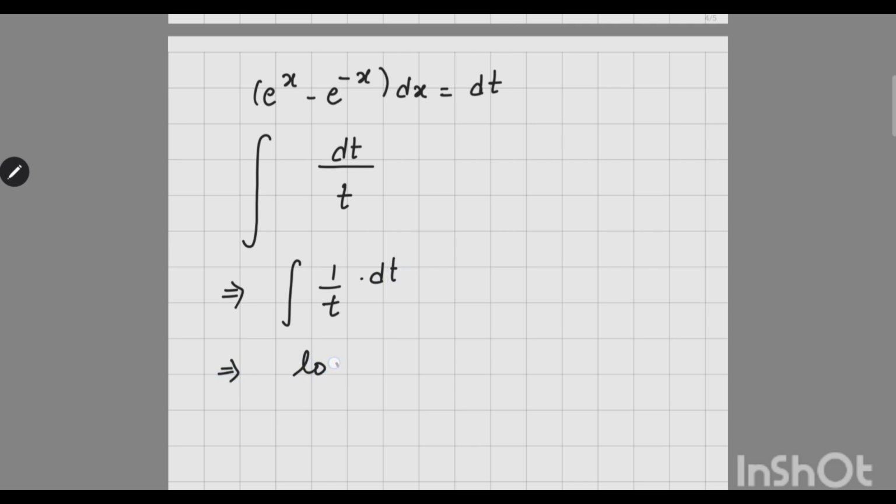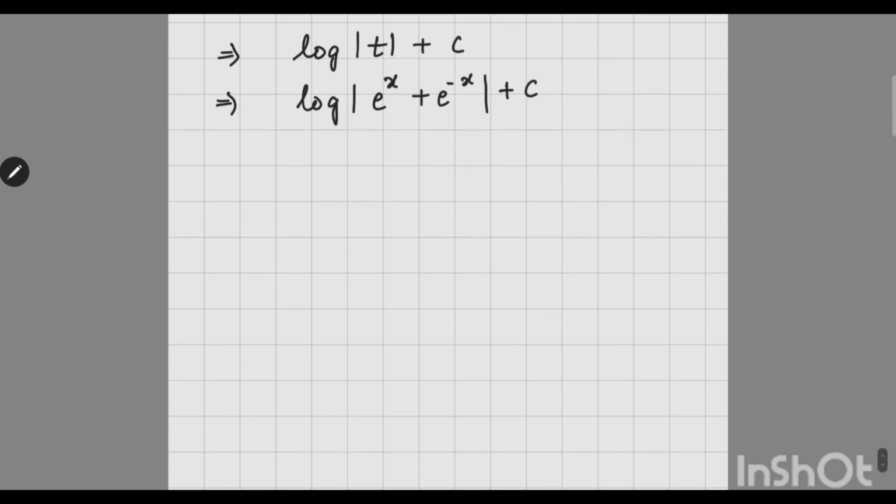By the inspection method we can write log of modulus of t plus c. So for t we write e power x plus e to the power minus x, plus c. We are writing the modulus sign, but we can avoid it because both e power x and e power minus x are positive.